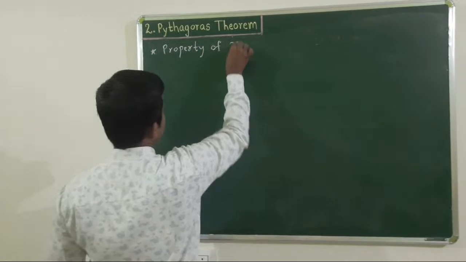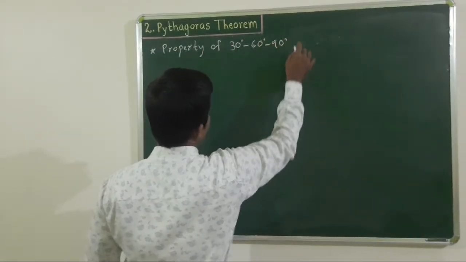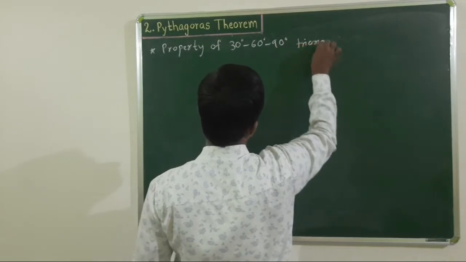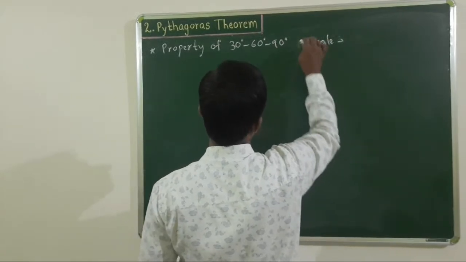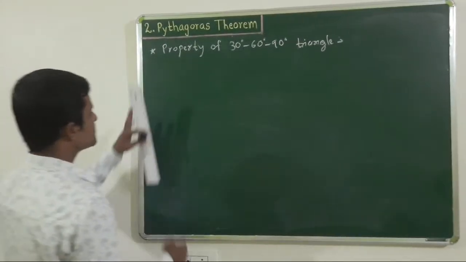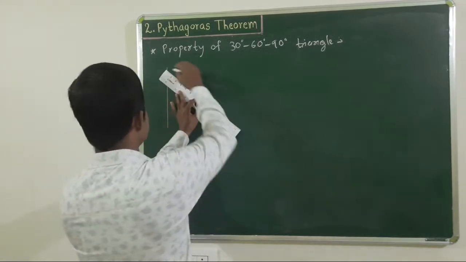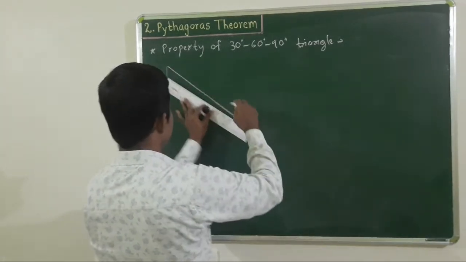Property of the 30, 60, 90 degree triangle means there is a triangle having angles 30, 60 and 90.